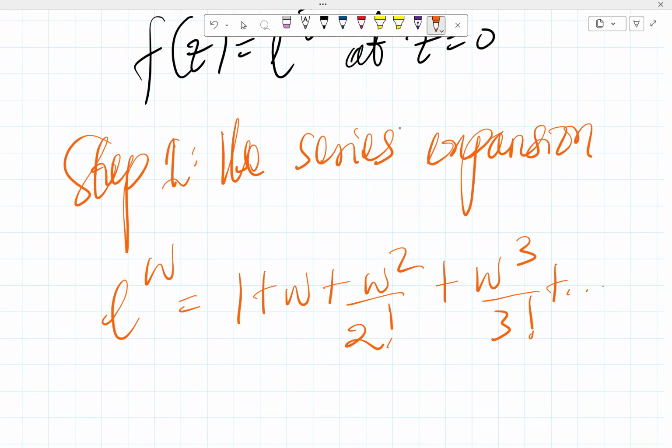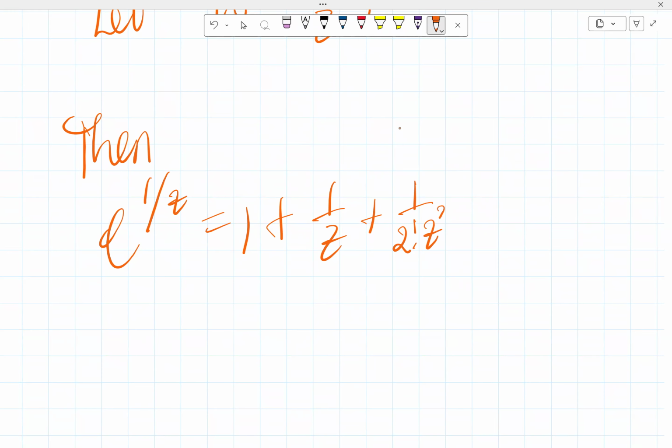So you have 1 plus 1 over z, plus 1 over 2 factorial z squared, plus 1 over 3 factorial z cubed, plus all of these things like that.